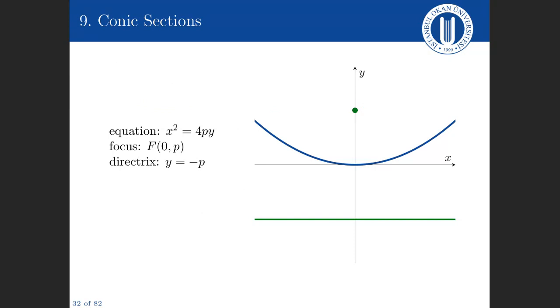Here's a simplified picture. This blue curve has the equation x squared is equal to 4py. The focus is the point (0, p), and the directrix is the line y is equal to minus p. This distance is p, and this distance is p.